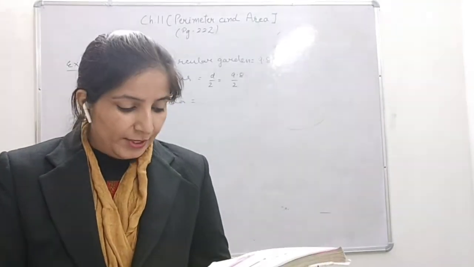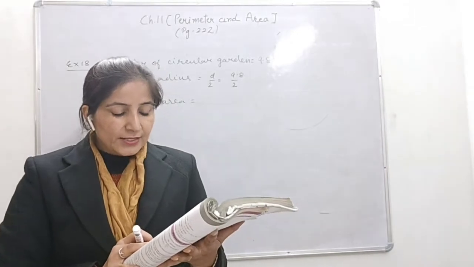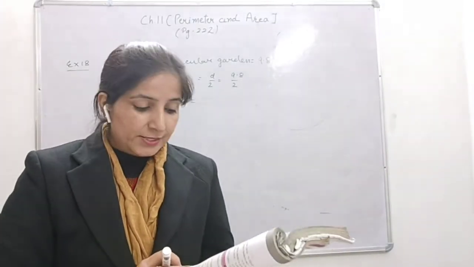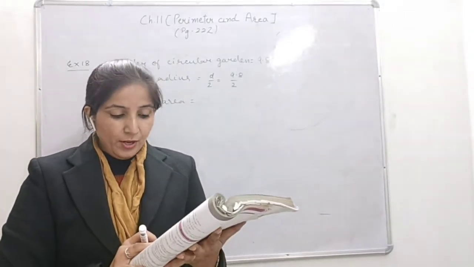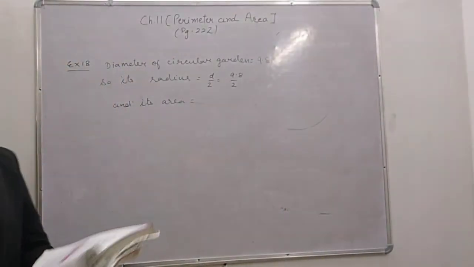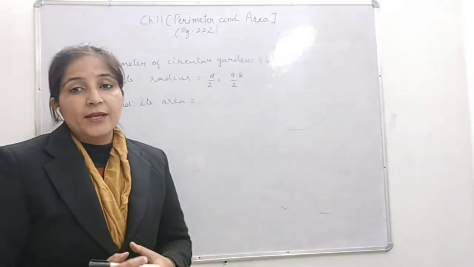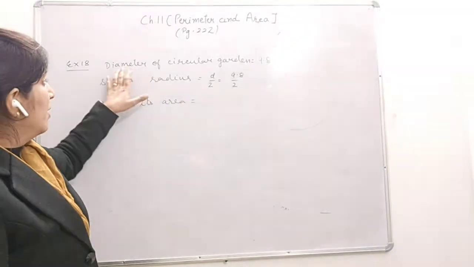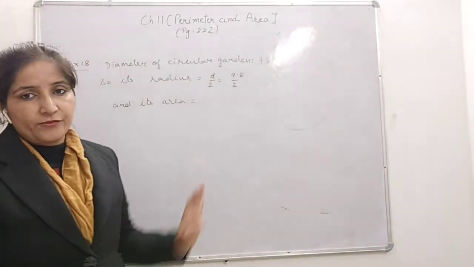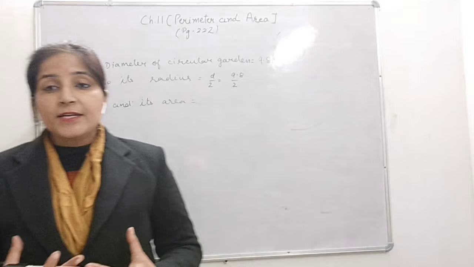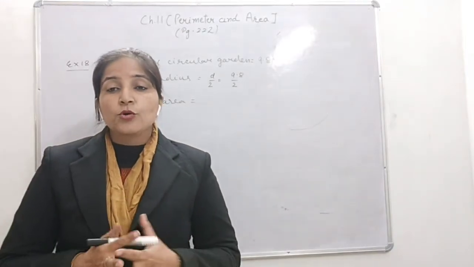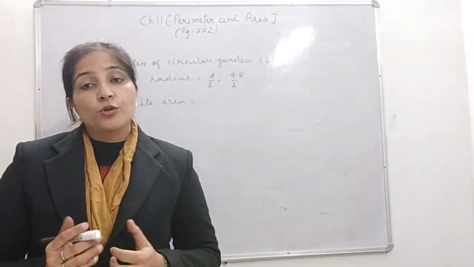Now example number 18. In this, diameter of circular garden is given as 9.8 meter. Now find its area. It is also very simple. To find the area, we know the formula pi r square, so we should know the radius.